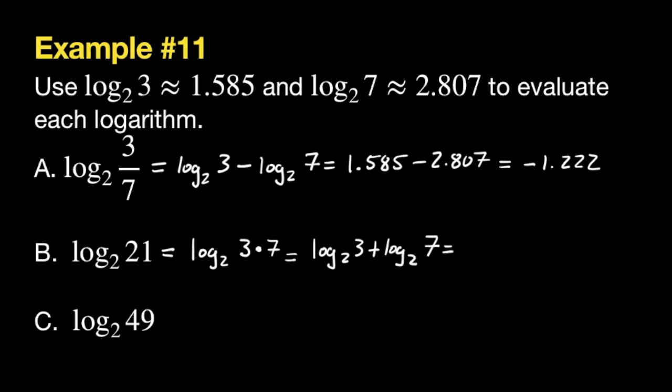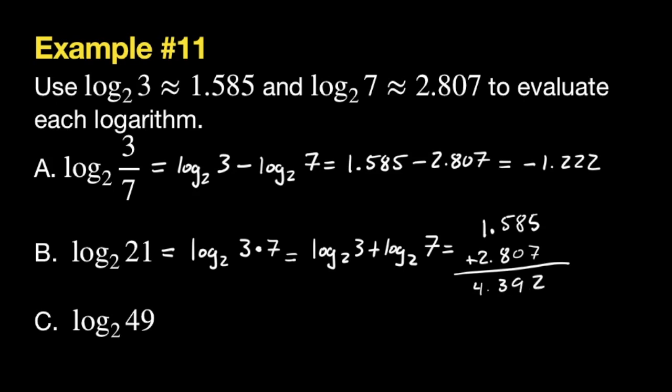That means we're just adding the numbers, 1.585 plus 2.807. So we just need to add these numbers, and this is going to give us 4.392.